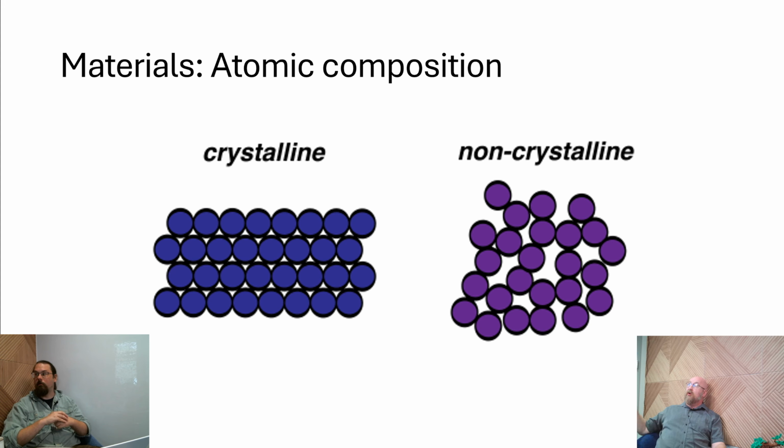They could be the same atom. It's important to understand that not all metals are always crystalline. Water, for example, at room temperature is non-crystalline; when you freeze it, it crystallizes. It depends on the processing that we do of that material as to whether it forms a crystalline or a non-crystalline structure.